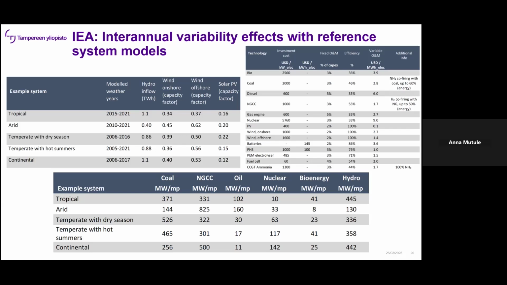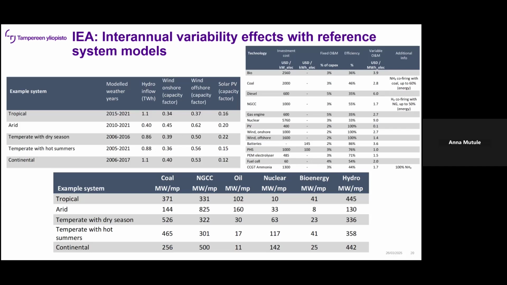The tables break down technology shares, system costs, and emissions for each climate zone. You can see that while the variable resource share remains high across the board, the balance of flexibility solutions varies depending on local conditions.